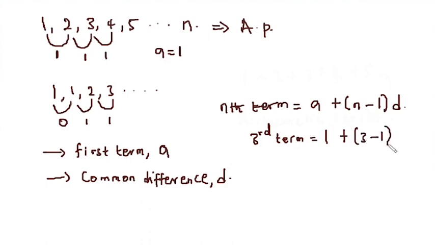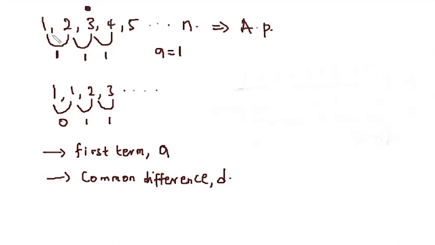So this is 3 minus 1, and then my common difference is 1. So this becomes 1 plus 3 minus 1, which is 2, times 1 is 2. So this is 1 plus 2 is 3. So if you notice, the third term here, 1, 2, 3, is still 3. So to get the nth term of an arithmetic progression, you need to know this formula.